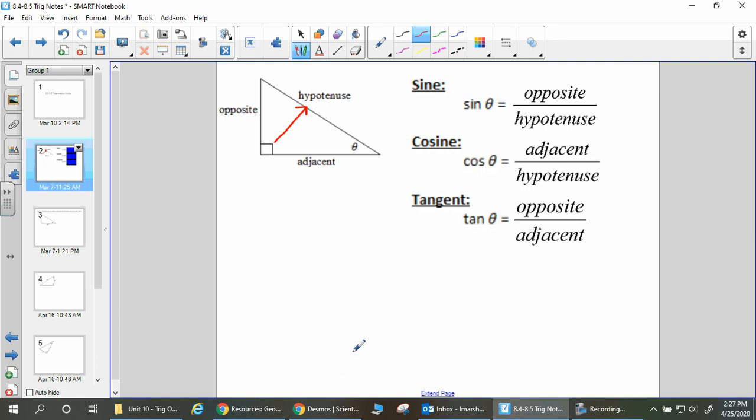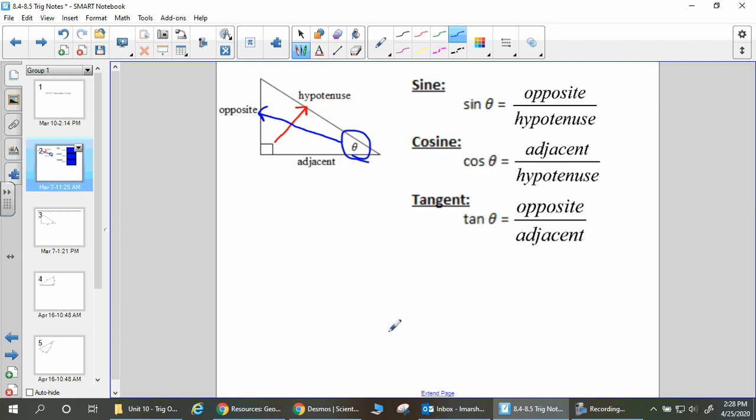So anytime you look at a right triangle, you should be able to identify the hypotenuse. To identify the opposite and the adjacent depends upon where the angle is. So in this picture, here's my angle. So if I go across, that's my opposite. Right next to it, that's the adjacent side. If the angle moves, then the opposite and the adjacent switch.